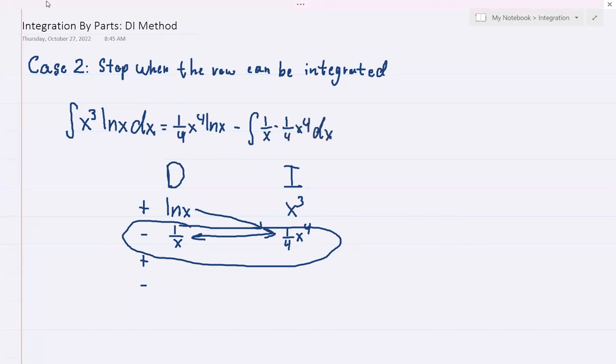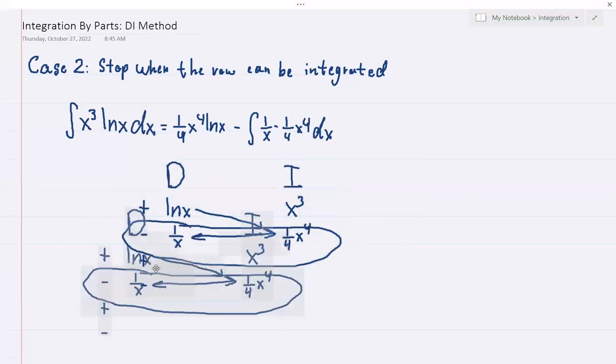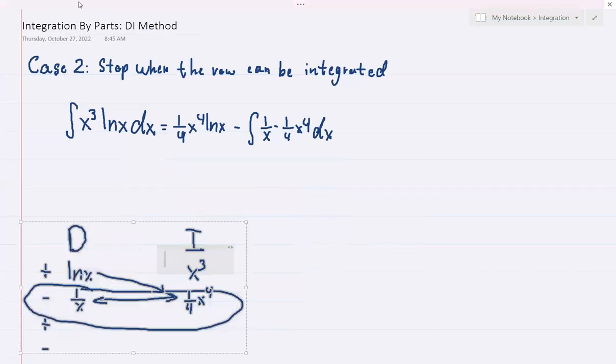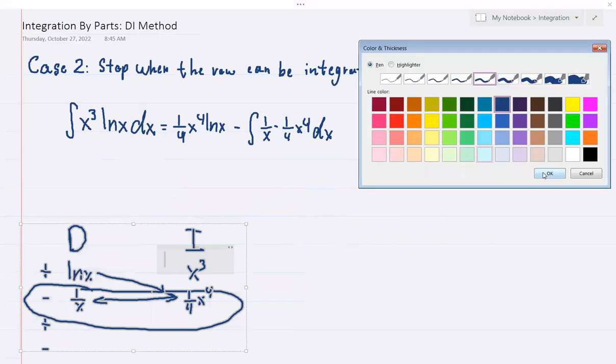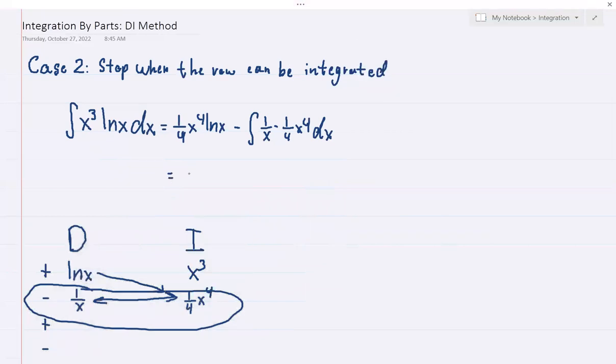So let me move this DI method here. If you're going to get the simplified form for this one, if you recall, this is 1/4 x cubed. So now let's get the integral for this one.